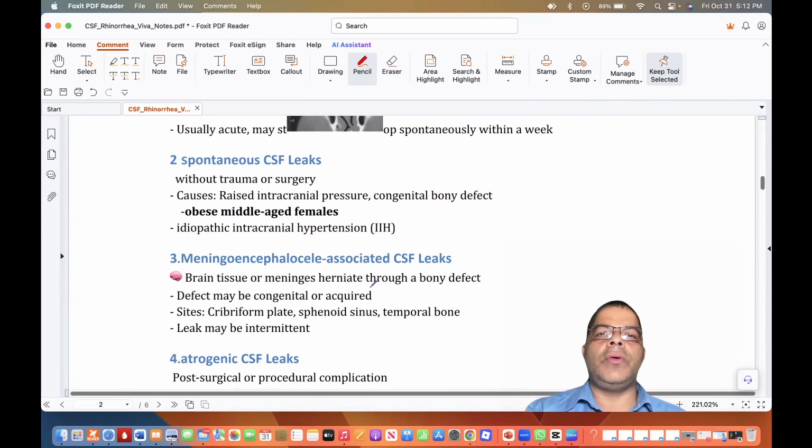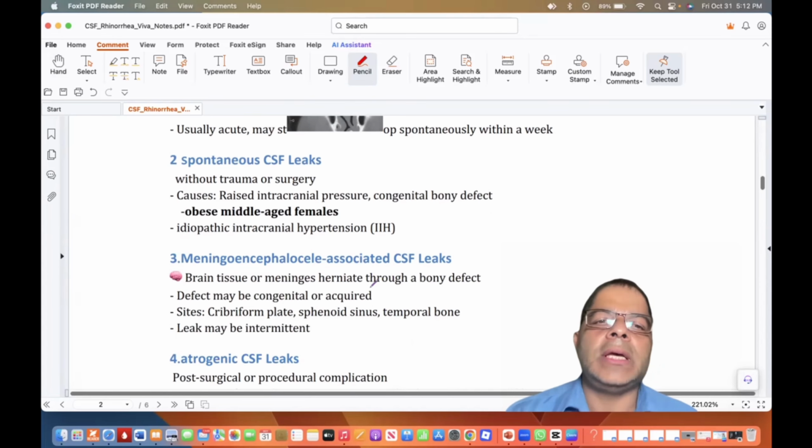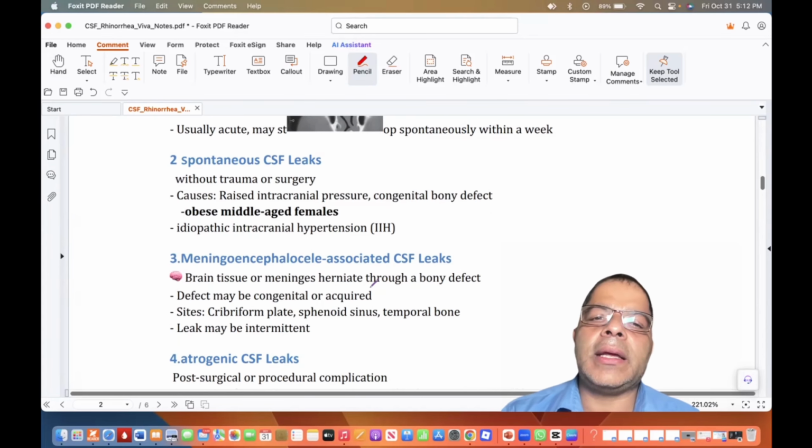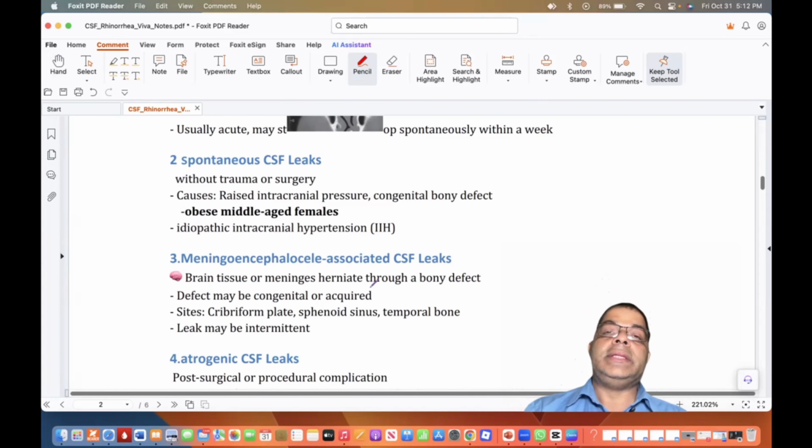If an obese female comes to the OPD with headache, you have to think there may be increased intracranial pressure due to CSF overload. This is called idiopathic intracranial hypertension, and if there is a defect, it leads to CSF leak.